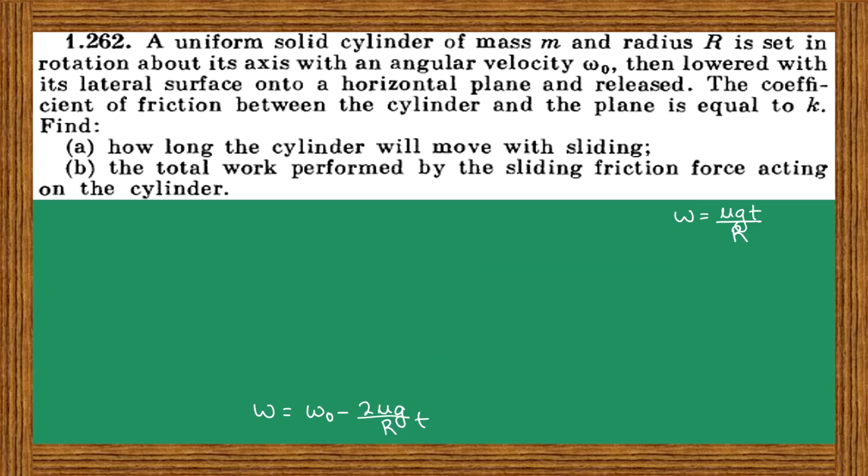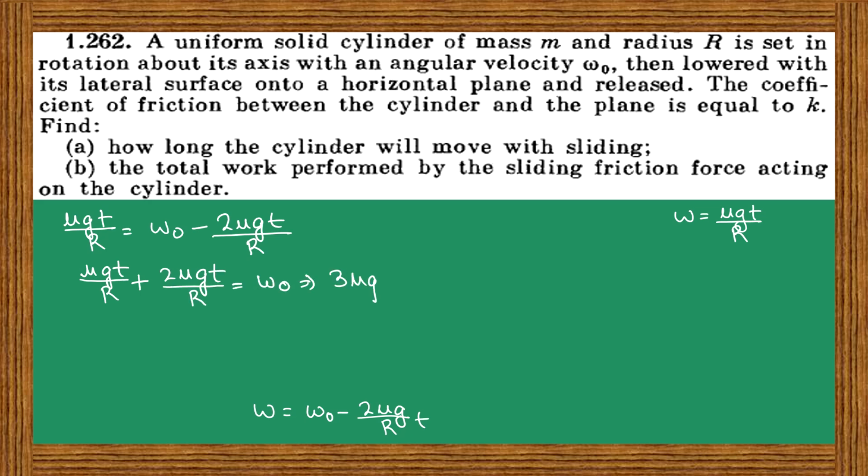Okay. Now let me just simplify this equation. So I can simply write mu g t by r is equal to omega naught minus 2 mu g t by r. Okay. So if I bring this entire term to the left hand side, what do I do? Mu g t by r plus 2 mu g t by r is nothing but omega naught, or I'll get 3 mu g t by r is equal to omega naught.